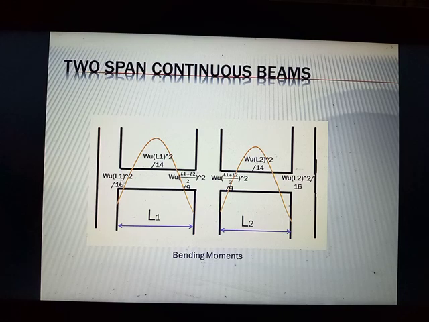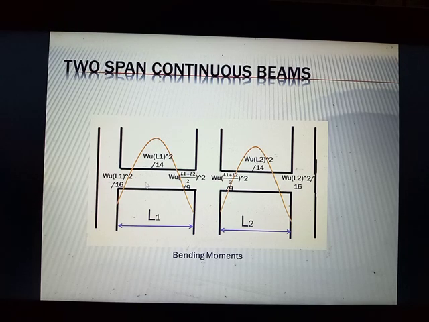Since this is L1, this has a clear span of L1, and this beam has a clear span of L2. Automatically, for the negative moment at the exterior side of the beam, since it has no adjacent length, its length is just L1.